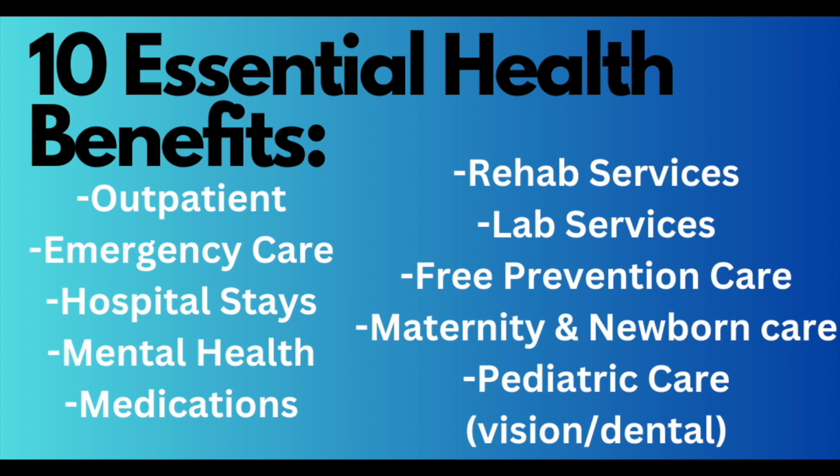Pediatric care also includes dental and vision, okay? So those are the 10 essential health benefits that must be included to be considered major medical, to also be considered marketplace health insurance plans.